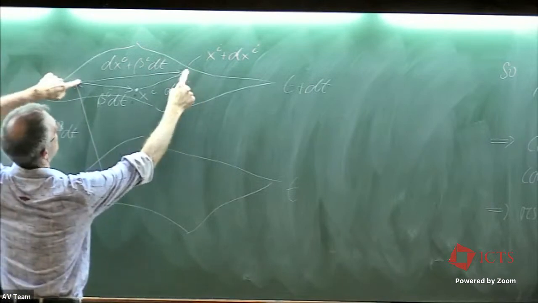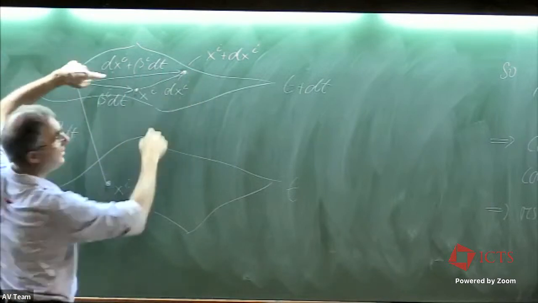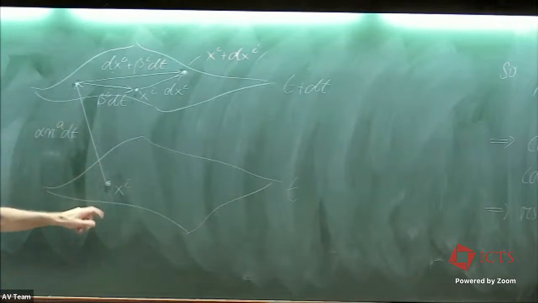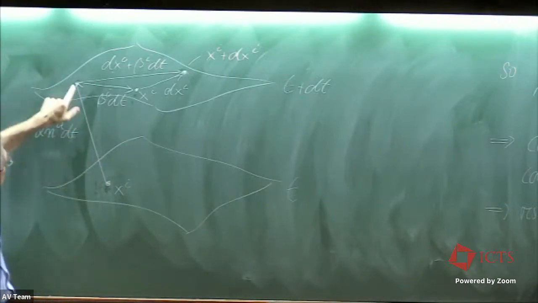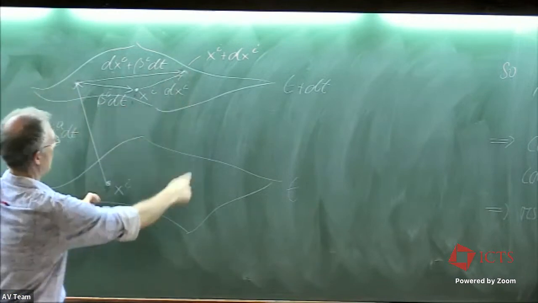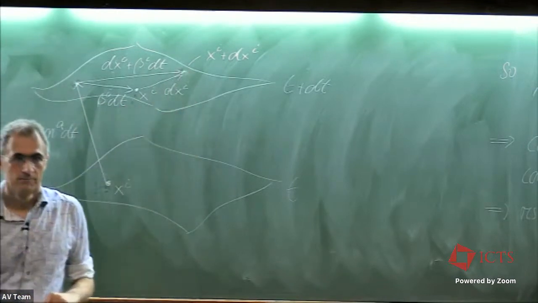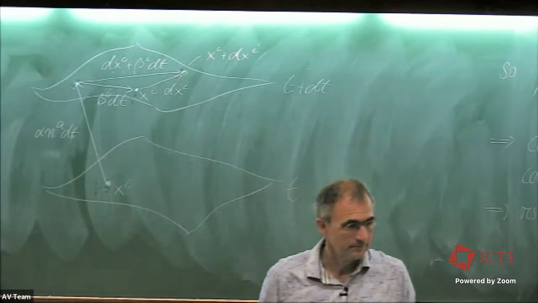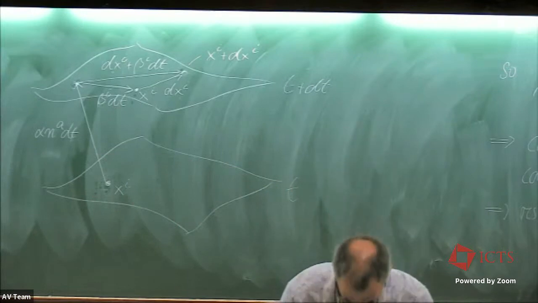Well, that separation will be dx^i plus beta^i dt, squared, if you want. That's exactly what we're doing here. So we can interpret this line element as giving us a Pythagoras, which gives us this proper distance squared plus this proper distance squared gives us the square of that one. And then we throw in the minus sign for good measure because this is not a Euclidean space. Make sense? All right.